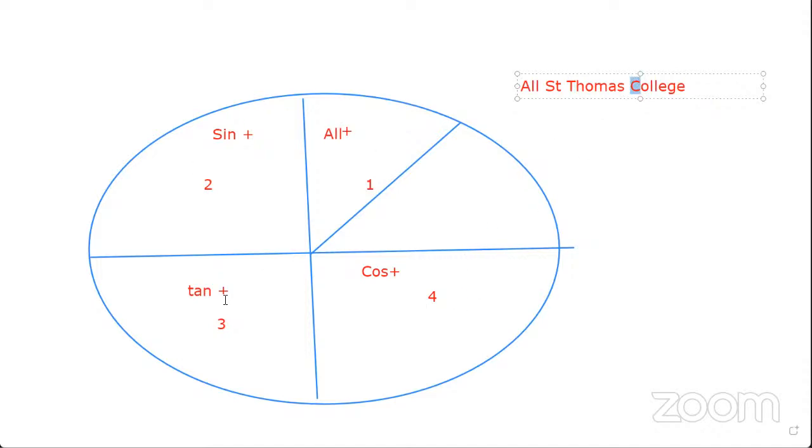So you can understand that in the first quadrant, any trigonometric value will be positive. In the second quadrant, only sine will be positive. In the third quadrant, tan will be positive. And in the fourth quadrant, cos will be positive.